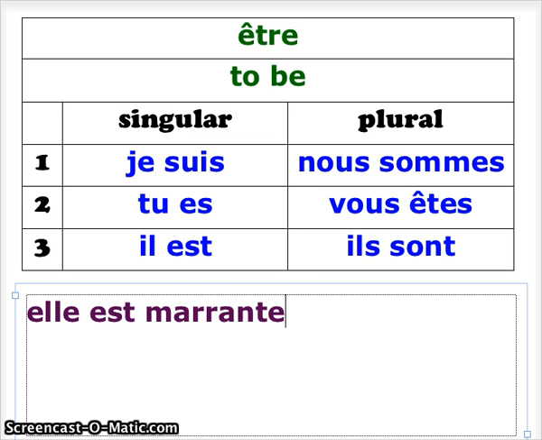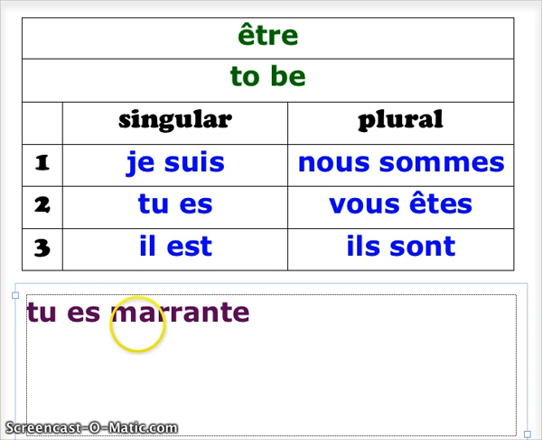So I'd have to say elle est marrante. All right? And likewise, if I were to say tu es marrante, because I'm using the feminine form here, you would know that I'm talking to a lady. If I were talking to a guy, I would simply say tu es marrant using the masculine form.